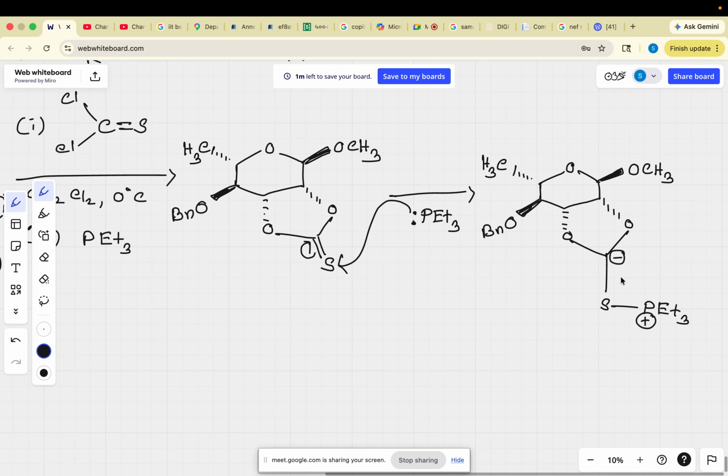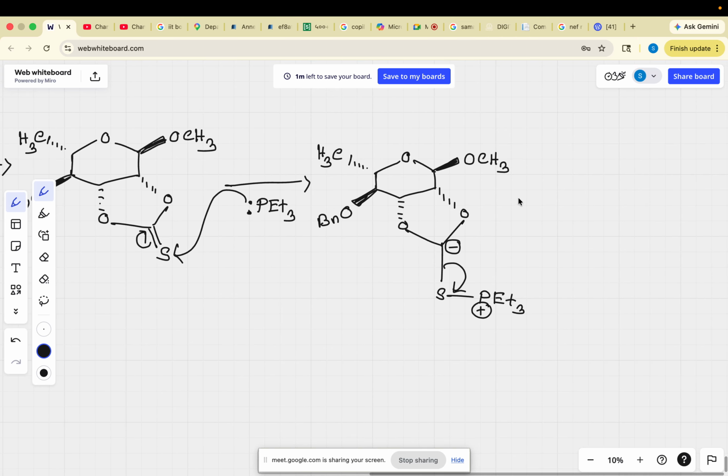After that, this bond will break, and once this bond breaks, you are getting a carbene compound.